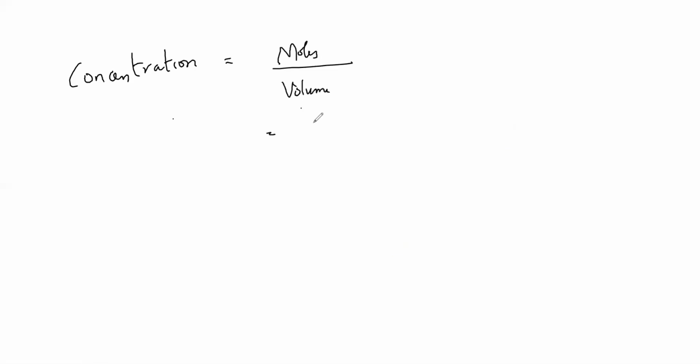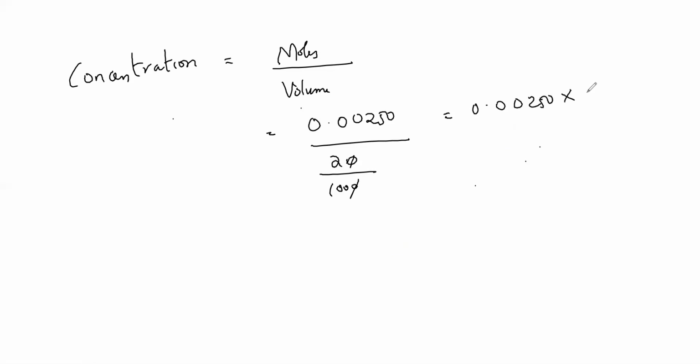So moles I got as 0.00250 and volume I got as 20 by 1000 respectively. Hence, if this goes to the top, just cut this and this. So 0.00250 into 100 by 2.